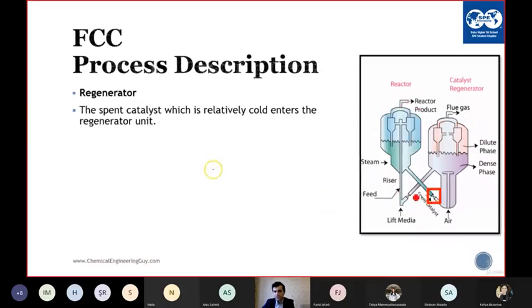So you have two controllers here. With this one, you control the flow of the catalyst from regenerator to reactor. So it is strange that you control the temperature with this one. Who can tell me how you can control the temperature in the reactor with this control valve?